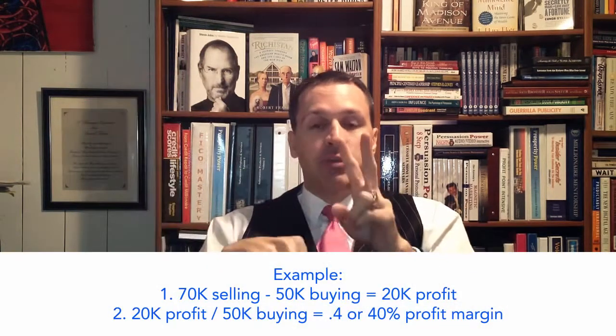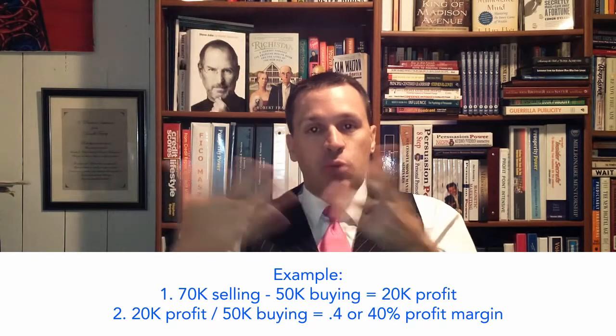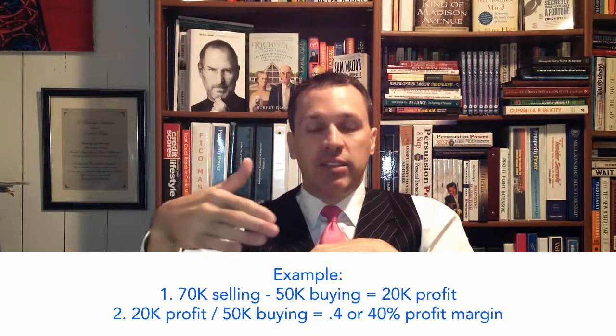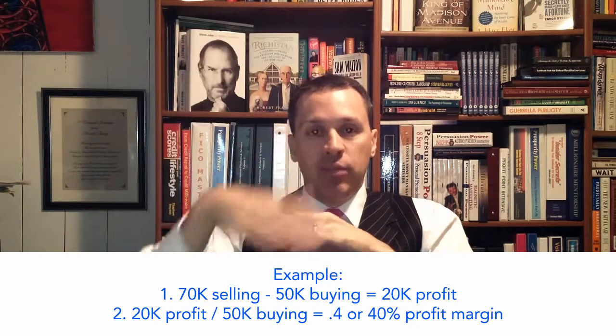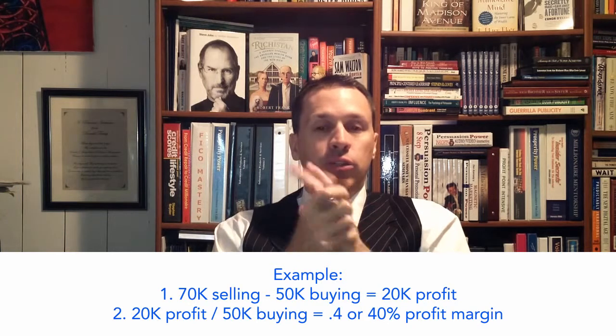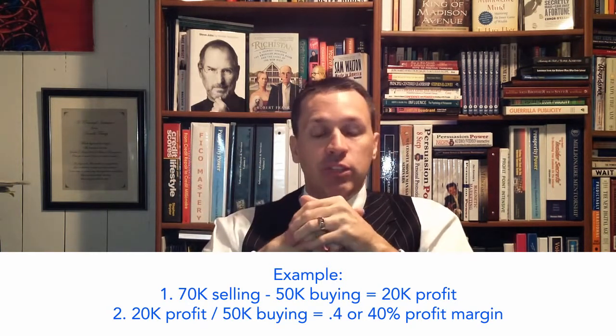You do two steps on that. You'd first of all take 70 grand minus 50 is 20. So there's 20 grand profit. Then you take 20 and you divide it by that same 50 purchase price, profit divided by cost, and that equals your profit margin. So 20 divided by 50 is 0.4. So that's a 40% profit margin as a minimum.